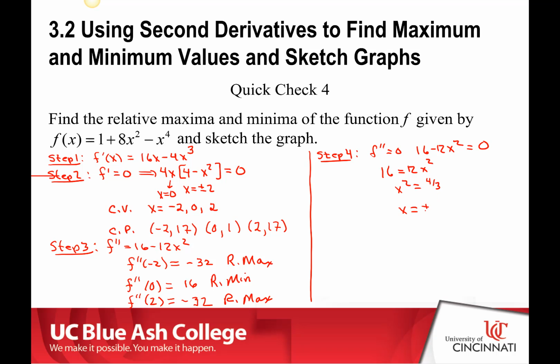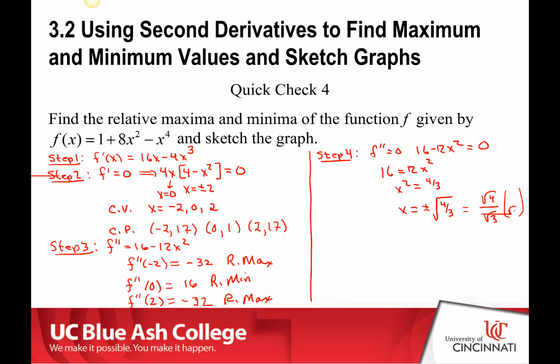which is going to give us plus or minus the square root of 4/3, which you can write as the square root of 4 over the square root of 3. And is it very polite to leave square roots in the denominator? That's kind of a social faux pas, right?